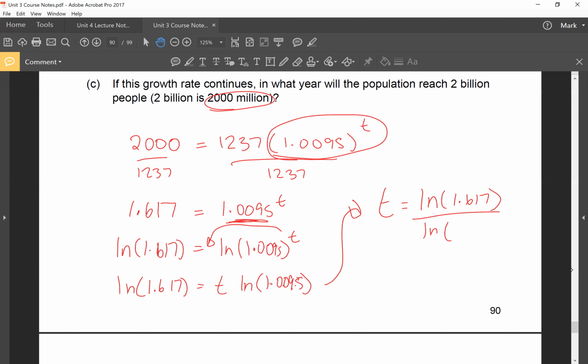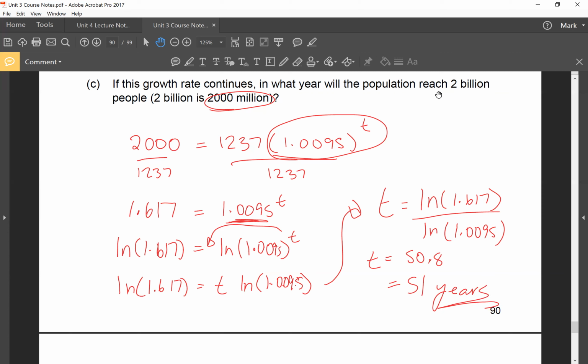I didn't mean to change that. Okay, divide those out and you will get your answer. Let's see what we get. Just give me a second to put it in on my calculator. And I get 50.8. So 51 years. Woo, there we go.